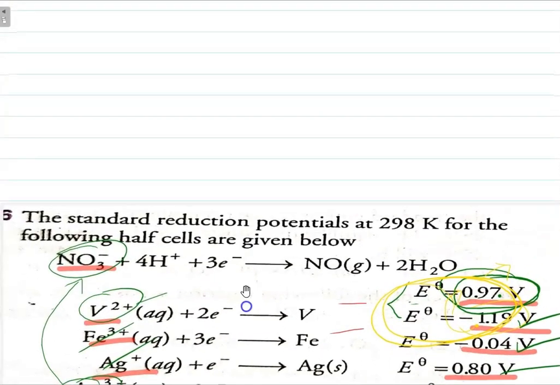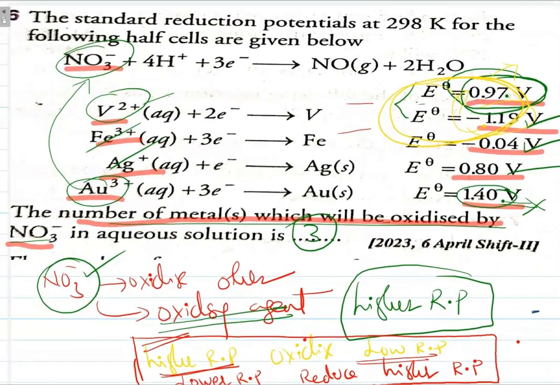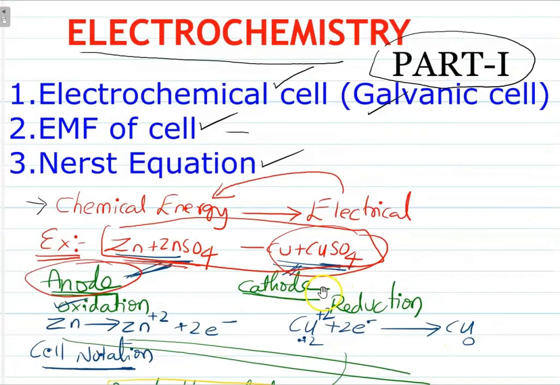From the three concepts that I dealt with in part 1, if you feel any is missing, you can come to me in the comment box and I will explain. I have covered electrochemical cells, EMF for the cell, and the Nernst equation. On these three topics I tried to cover the maximum number of questions. Cell notation I have covered.